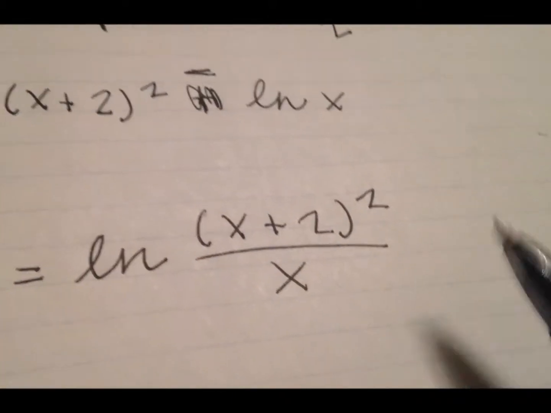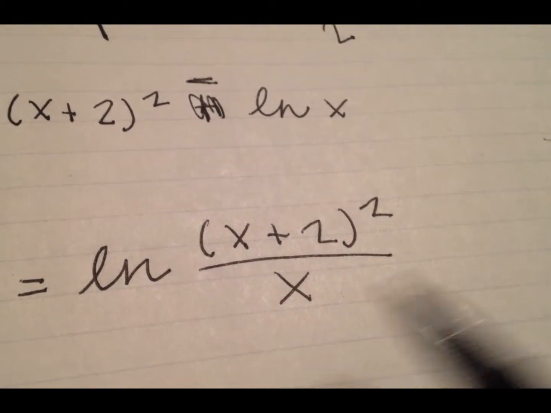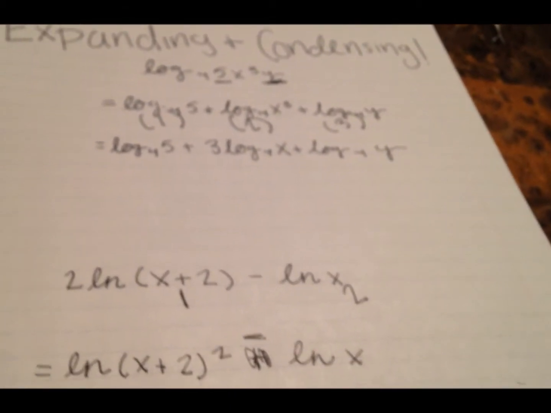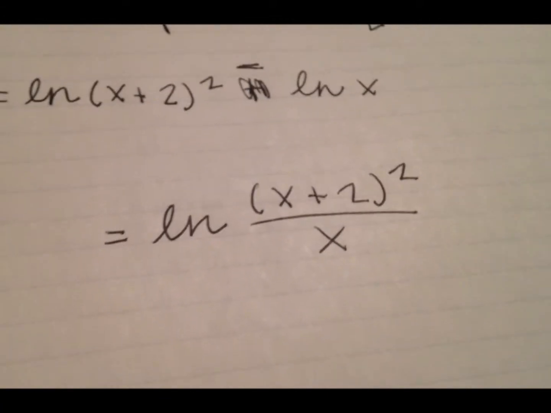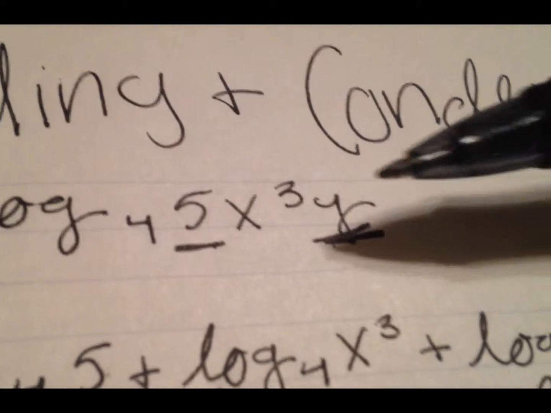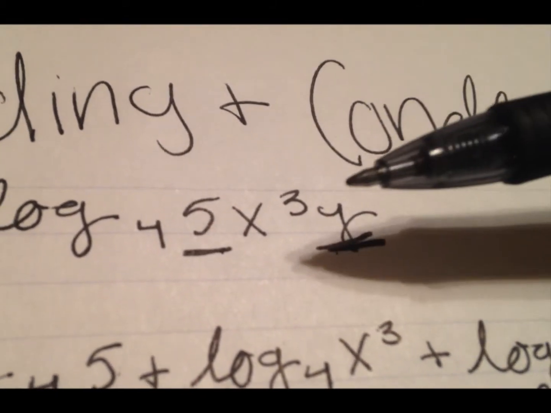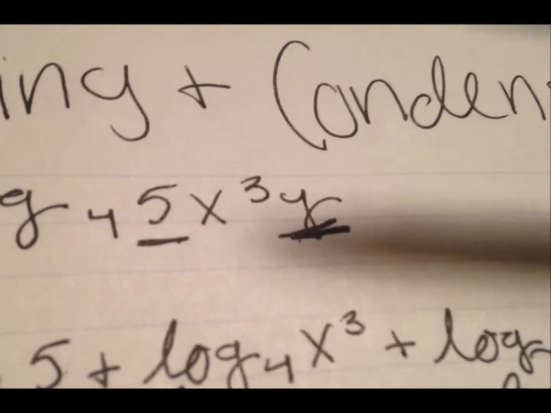And you're going to go ahead and put one on top of the other and divide them. And that's really all there is to expanding and condensing logarithm expressions. What it really comes down to is knowing what a term is and how these are going to be separated by a sign depending on whether they're being multiplied or being subtracted.